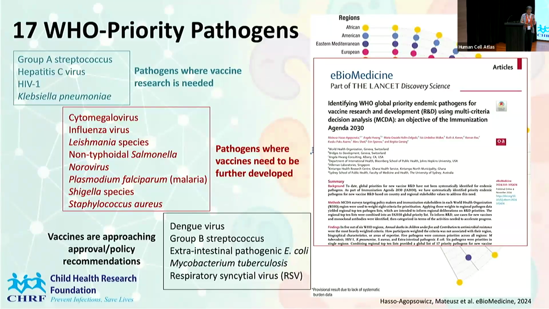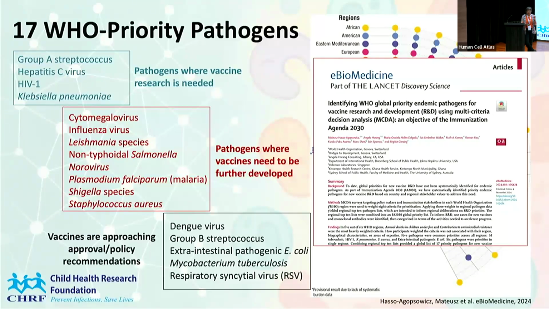Now, these priority lists of pathogens or diseases are extremely hard to come up with. WHO has dedicated groups who work for years with experts all around the world to figure out what should be the priority diseases that funders and researchers should focus on in the next decade or even more.